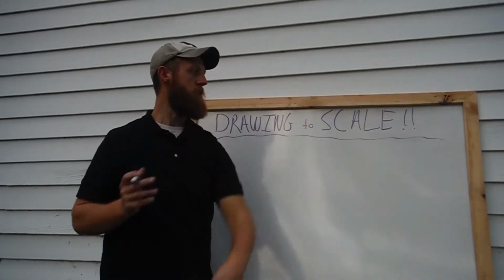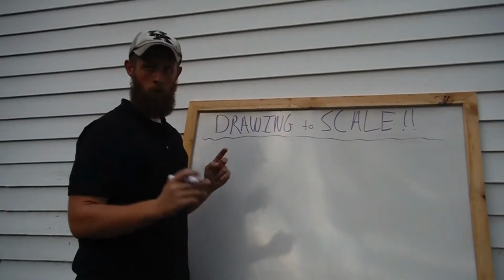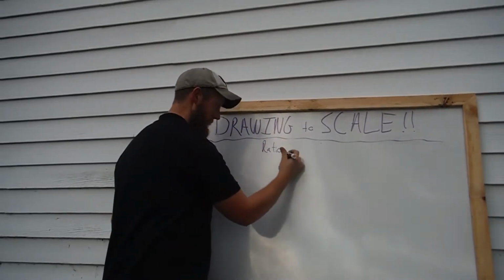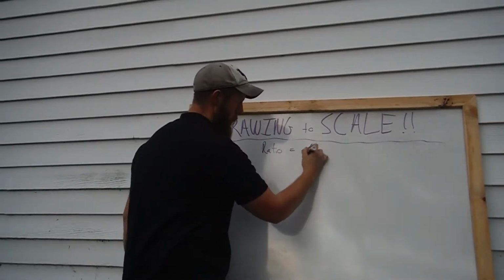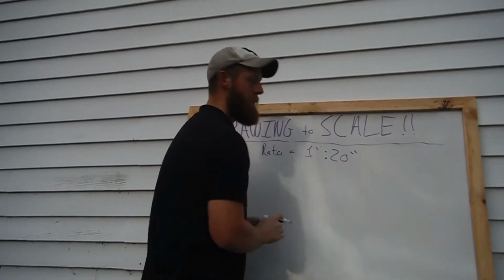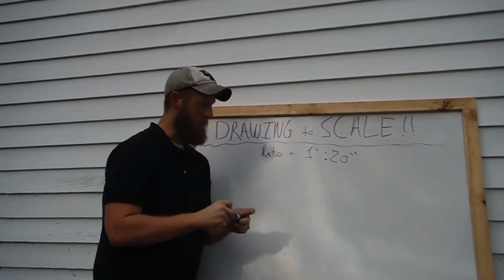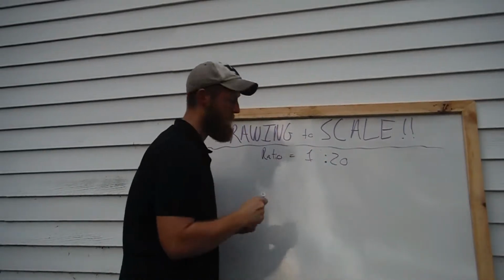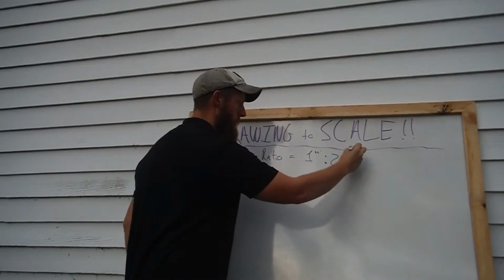So let's put those ratios to real life. Let's say we have a ratio of scale that is 1 inch equals 20 feet. Again, real quick, while we're still in this unit, I did those backwards. It's testing you. 1 inch to 20 feet.